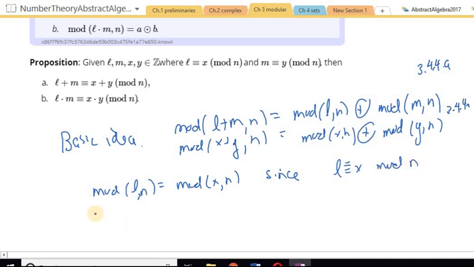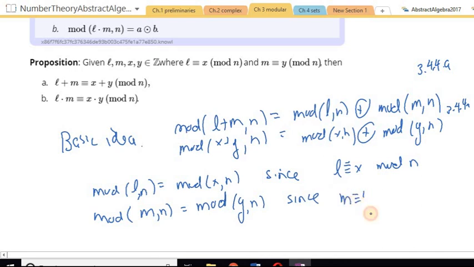And then I also have mod of M n is equal to, and remember, I'm putting equals here, which is correct, mod Y n, since M is congruent to Y mod n.